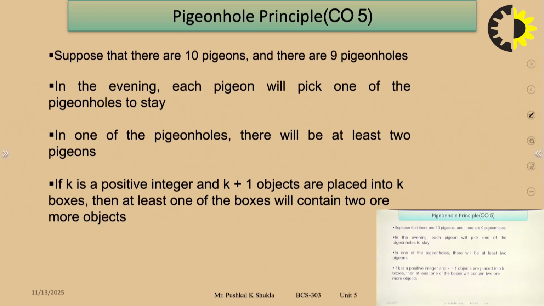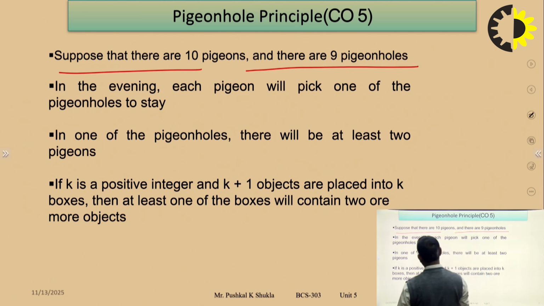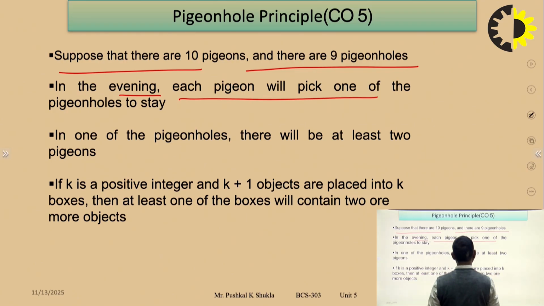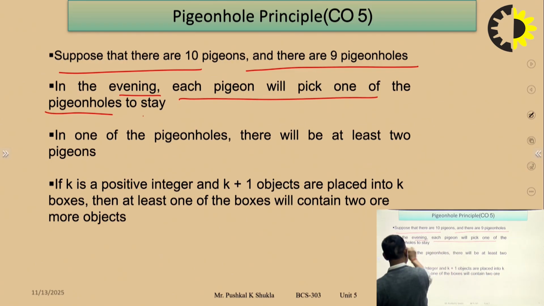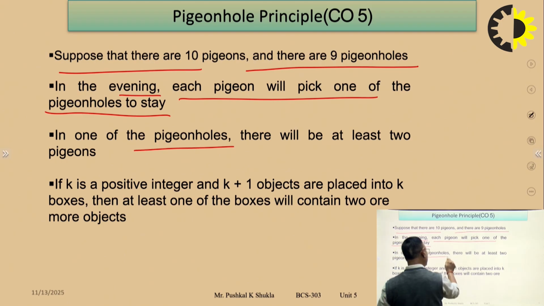Suppose there are 10 pigeons and there are 9 pigeonholes. In the evening, each pigeon will pick one of the pigeonholes to stay. In one of the pigeonholes, there will be at least 2 pigeons.